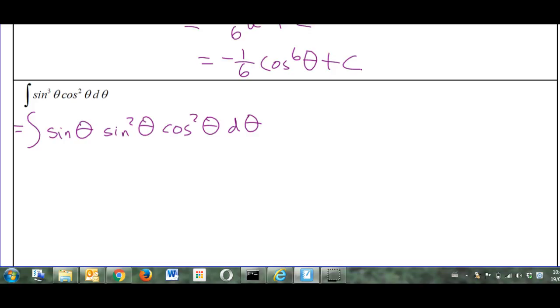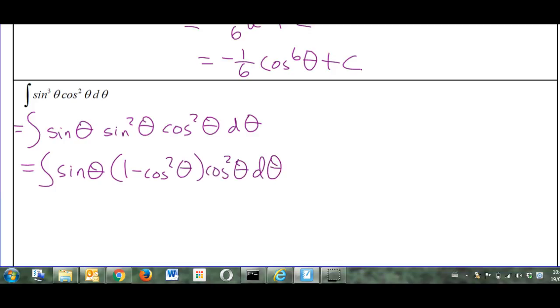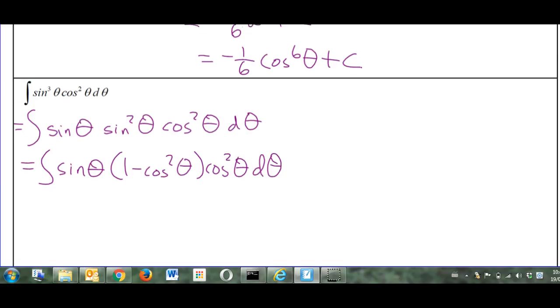Now the sine squared is going to become what? What's sine squared equal to? 1 minus cos squared. So I got sine theta, got 1 minus cos squared theta, and a cos squared theta, and a d theta.